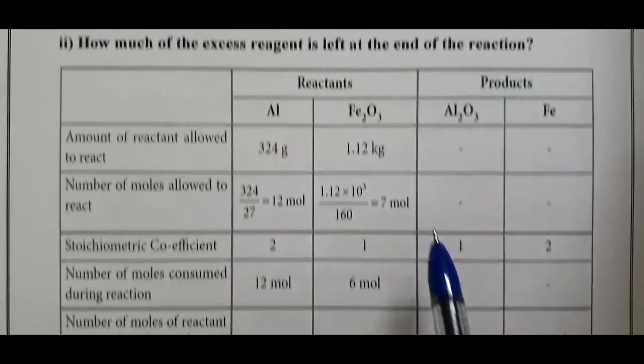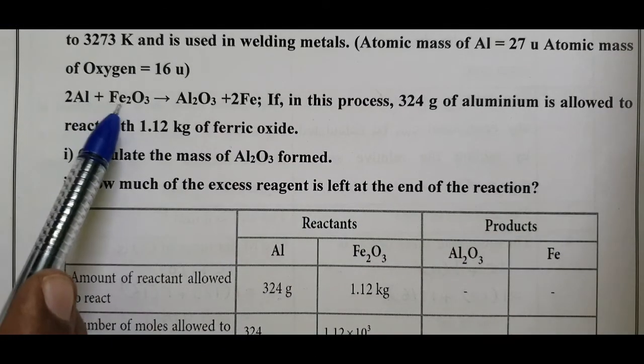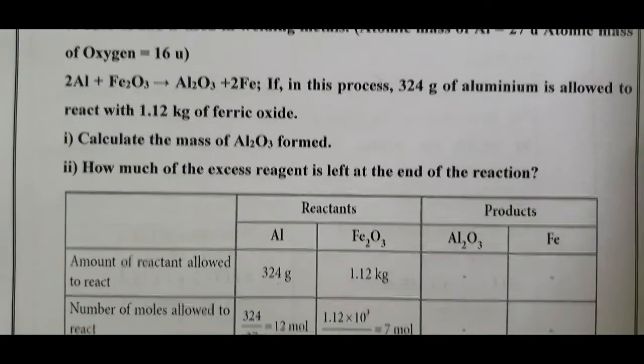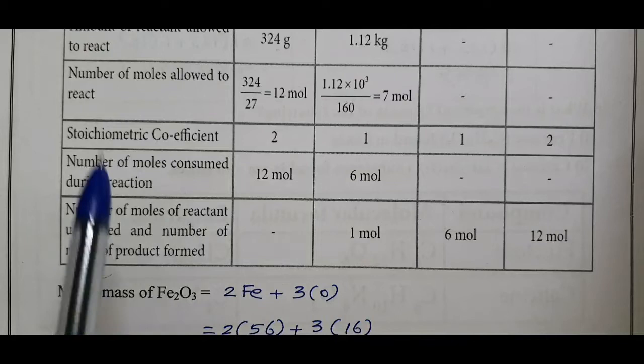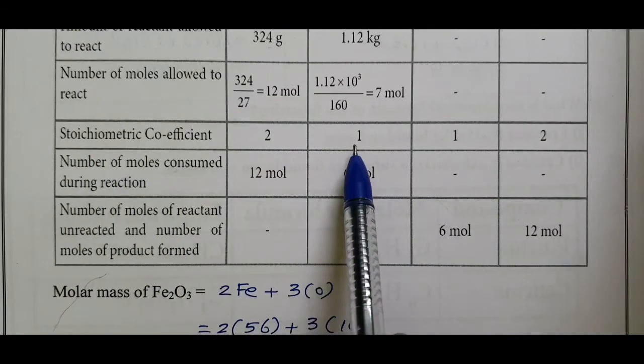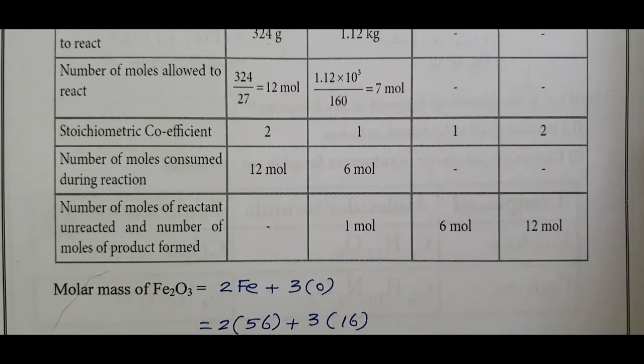In the equation, 2 moles of aluminum react with 1 mole of ferric oxide to give 1 mole of alumina and 2 moles of Fe. That is the stoichiometric coefficient: 2 moles of aluminum plus 1 mole of ferric oxide gives 1 mole of alumina and 2 Fe.